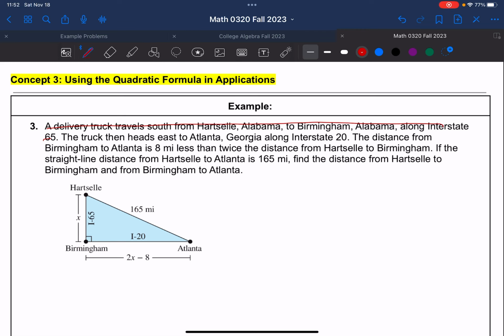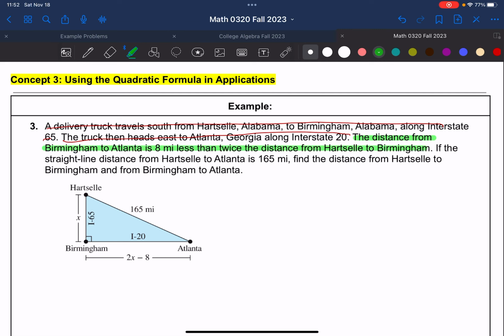The truck then heads east to Atlanta, Georgia along Interstate 20. The distance from Birmingham to Atlanta is 8 miles less than twice the distance from Hartselle to Birmingham. That's important information.